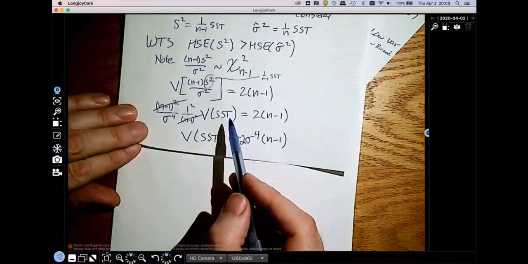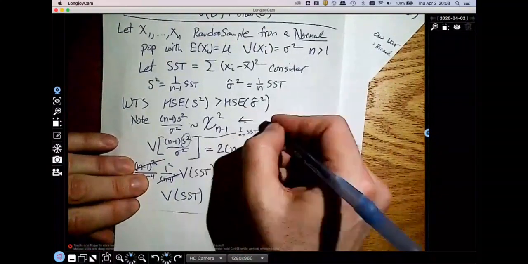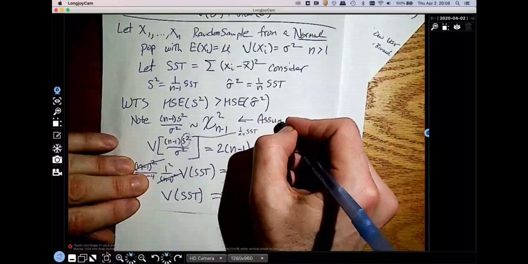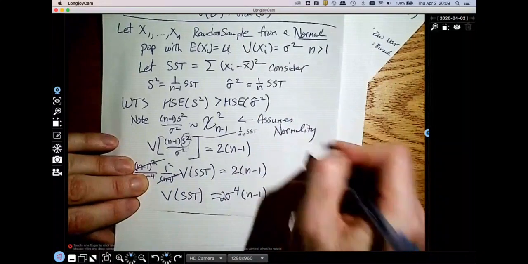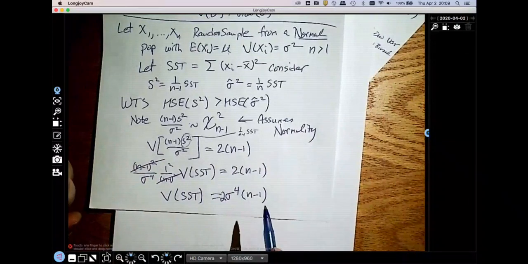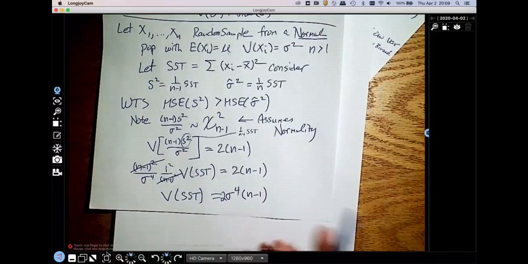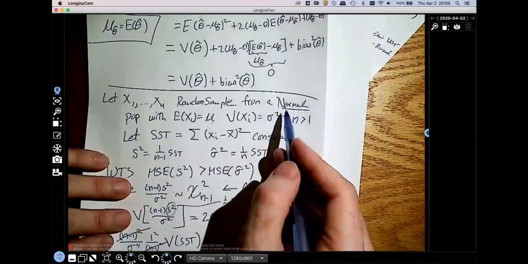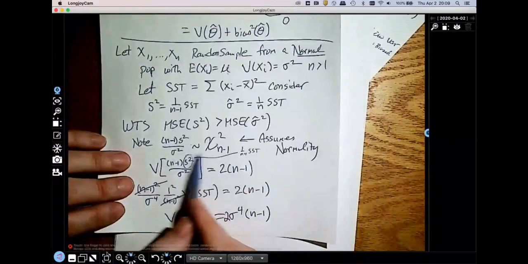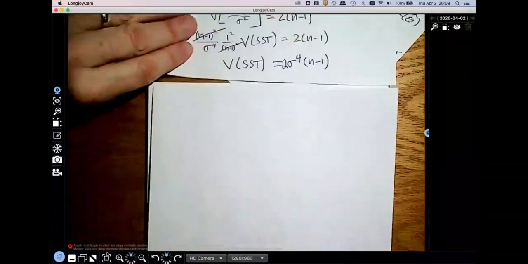So this assumes normality. If you don't have normality, the result's much harder to get at. But remember, I did assume normality, so therefore this result holds.